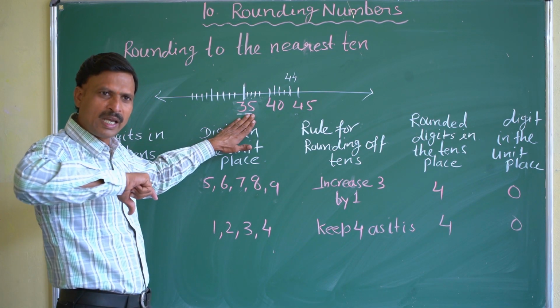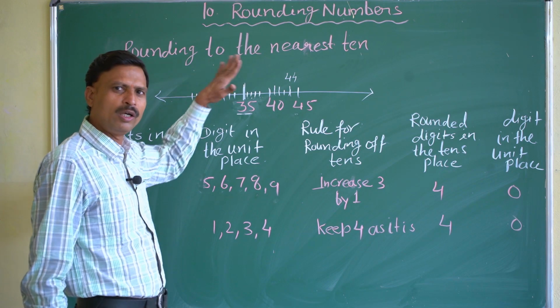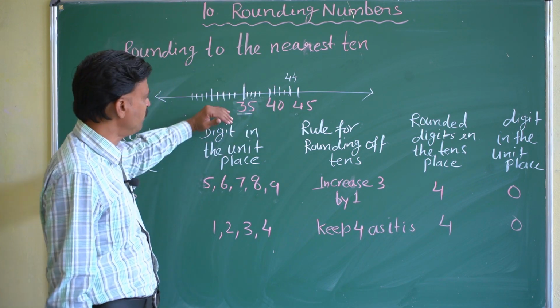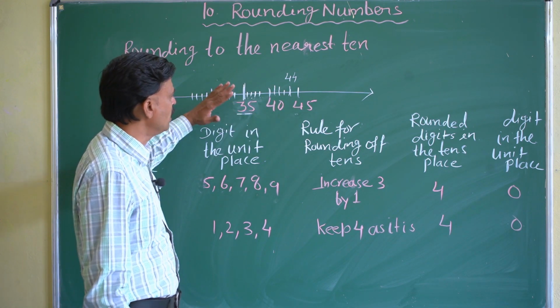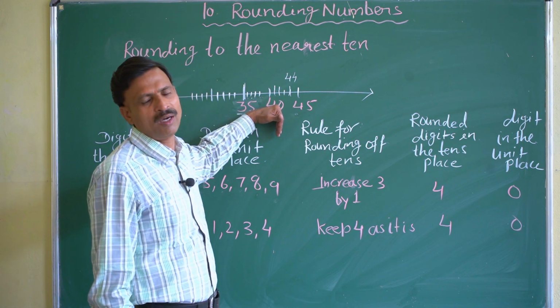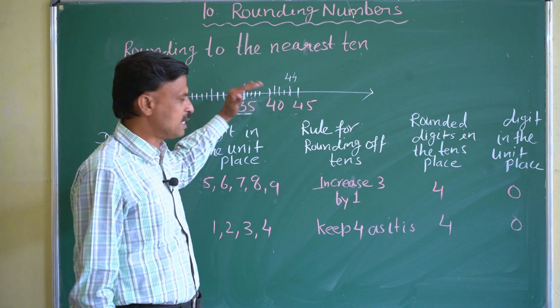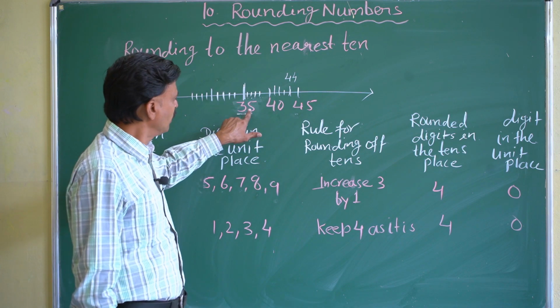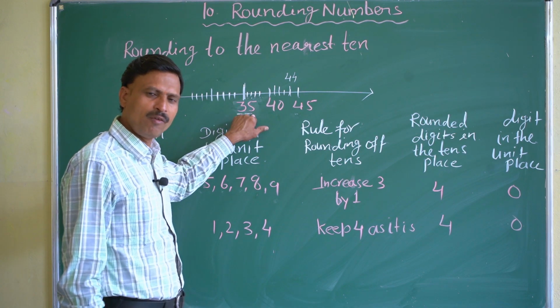Nearest 10 means either it will be 30 or 40. So this 35, when rounded off, will give the value 40 instead of 30. Why? Because the unit place value is 5 or more than 5.